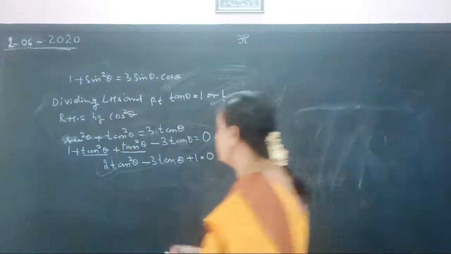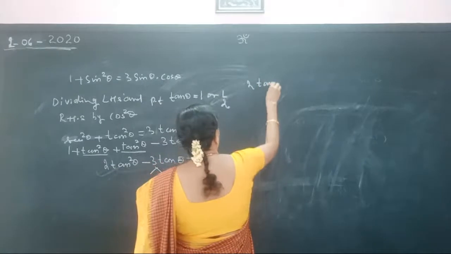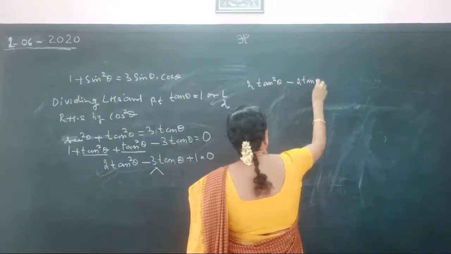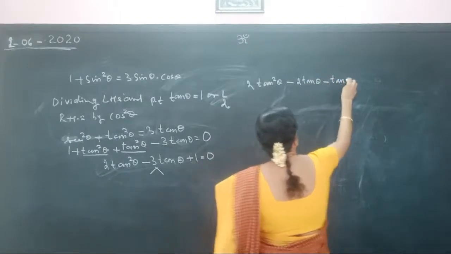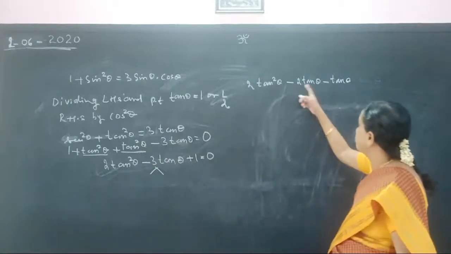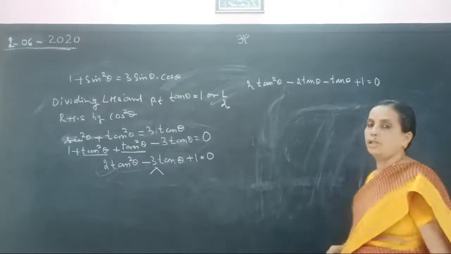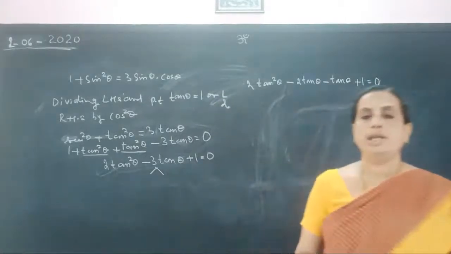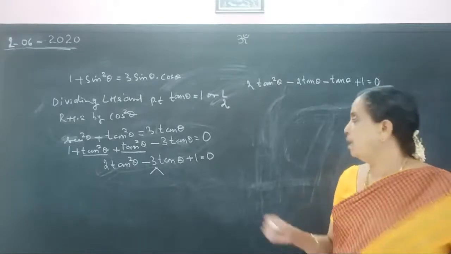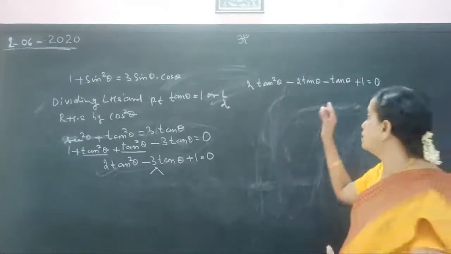So now by splitting this as 2 tan square theta minus 2 tan theta minus tan theta plus 1 equal to 0. Is it clear? By splitting the middle term, we can factorize the expression. Like that, here I made minus 3 tan theta as minus 2 tan theta minus tan theta.